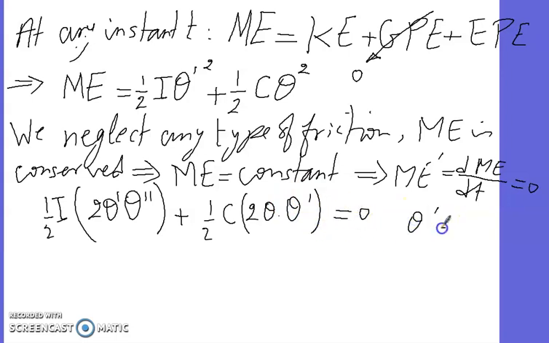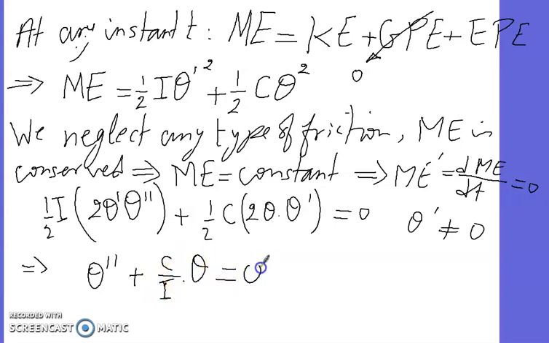So theta prime different from 0, and rearranging this equation, we get the following. Theta double prime plus c over I, this is the constant, clear, times theta equal to 0. What is this?